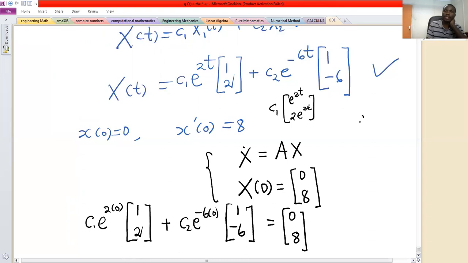The other one we have c2 into e raised power minus 6t and then minus 6 e raised power minus 6t. So this value is the derivative of what is above it: when you differentiate, you get this one here. That's why I wrote the initial conditions as x of 0, then 0 and then 8. What we have above is the value of the function at 0. Below is the derivative of the function at t equals 0.